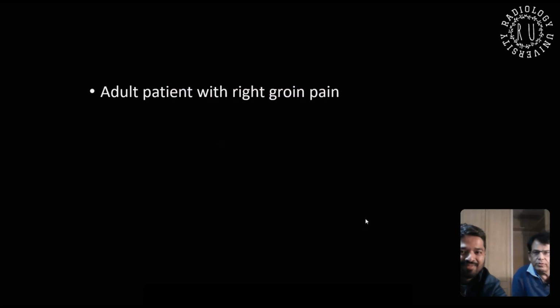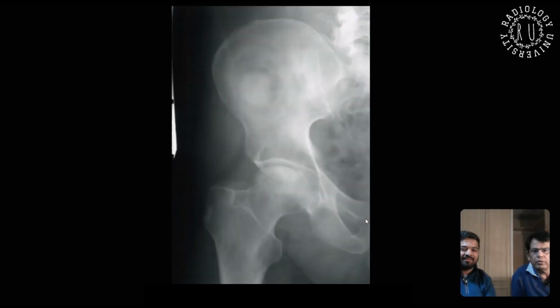Okay. Thank you. So this is the patient who presents with right groin pain, and this is the radiograph. This is a frontal radiograph of a hemipelvis, which shows the right hip joint and the right pelvic bones.